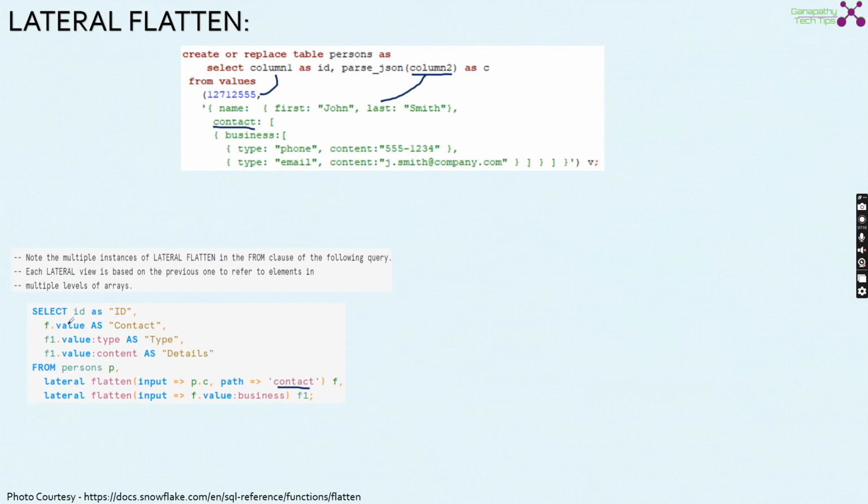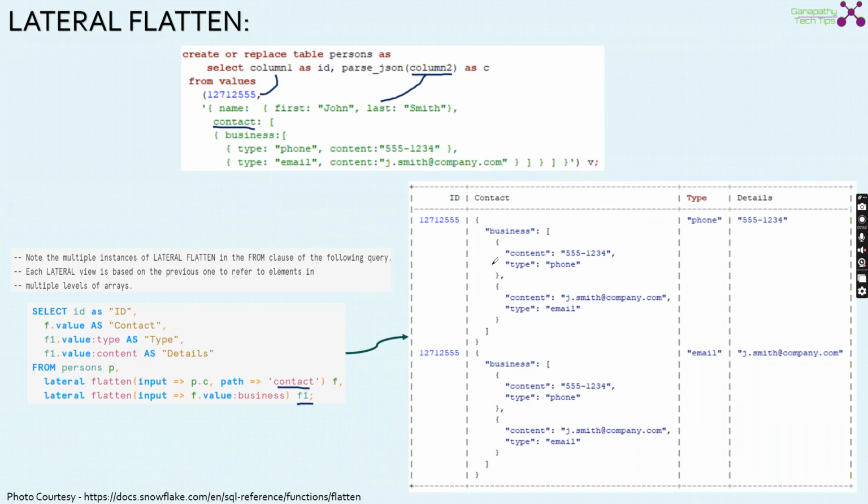So f dot value as contact, you need to remember that, and then f1 dot value type as type, and then f1 dot value content as details. So this type and content are getting used here using the lateral flatten. Here for F1 we are doing the lateral flatten on the business type. So in each place we are passing a different input: the contact as the input for F and the business as the input for F1.